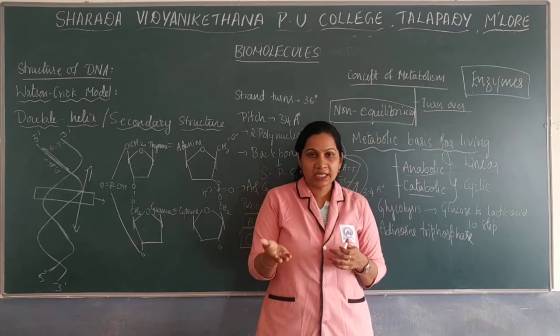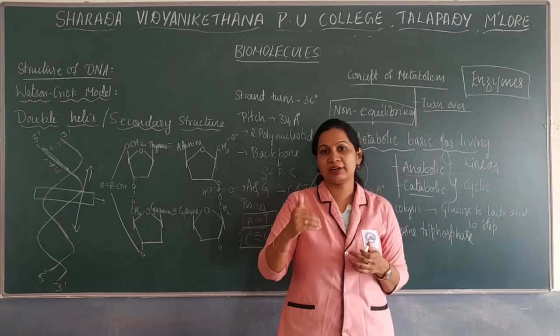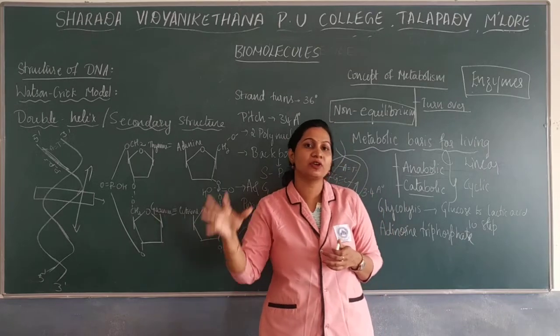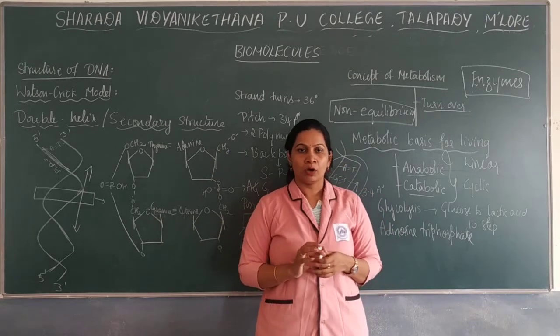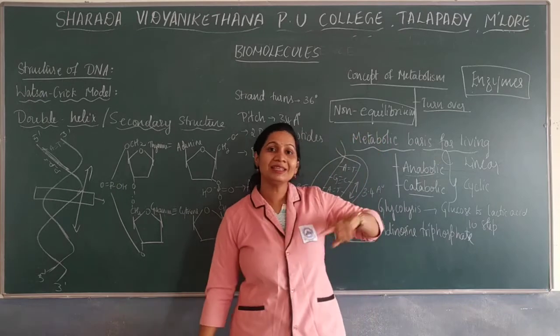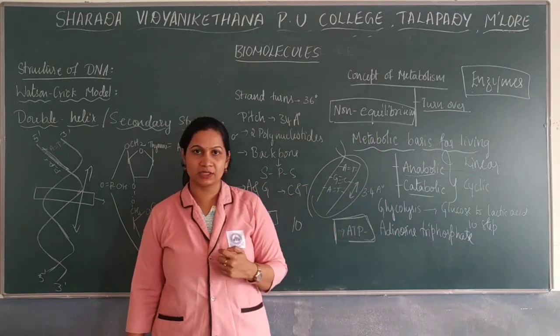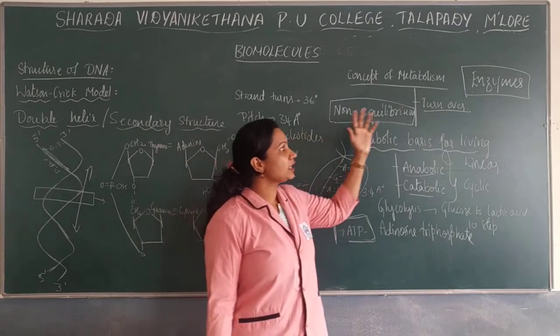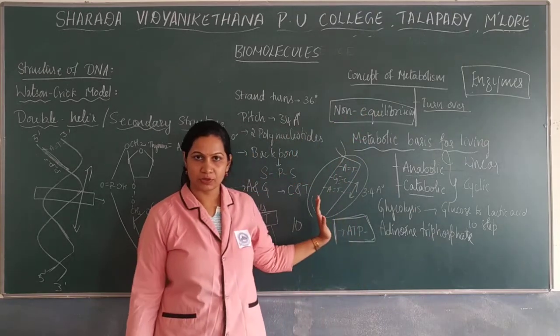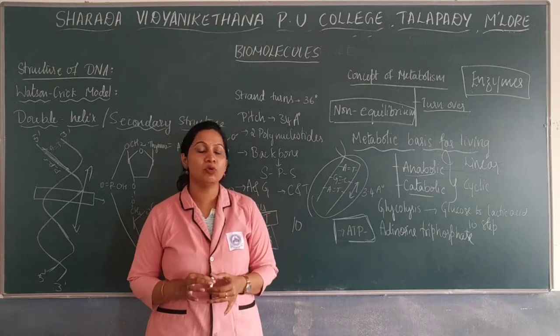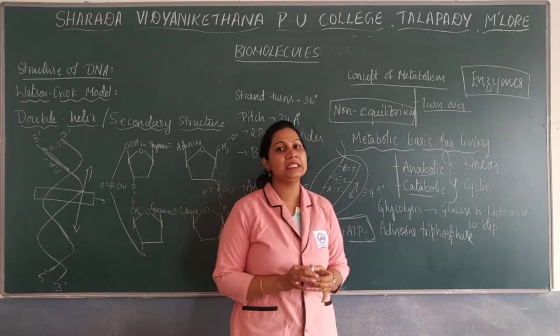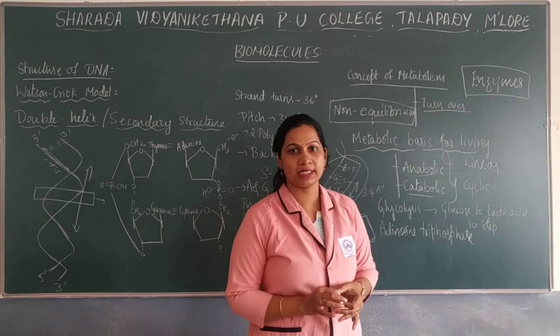If it is increased or decreased, that will have an adverse effect on the living system. It will affect the steady state, the working of the living system. So that is regarding these concepts. Next we will move on to the last topic in this chapter, that is enzymes.